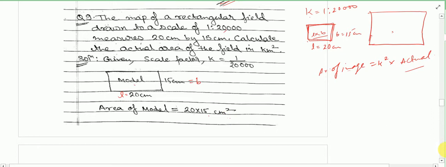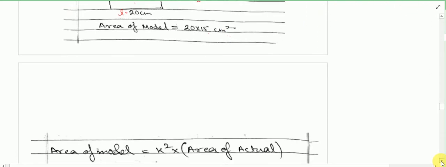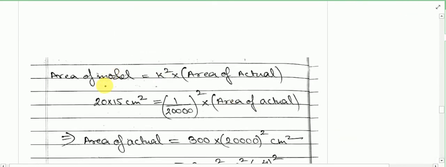Now you know that area of model is equal to k square into area of the actual. So area of model you can write 20 into 15 centimeter square, k square means 1 upon 20,000 whole square, into the actual area.